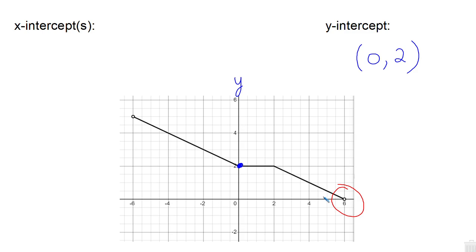And when it gets to the end there and has that endpoint that's an open circle, we still don't have an x-intercept there. It gets as close as it possibly can to that point at 6, 0, but it never actually gets there. And so we can say there is no x-intercept this time.